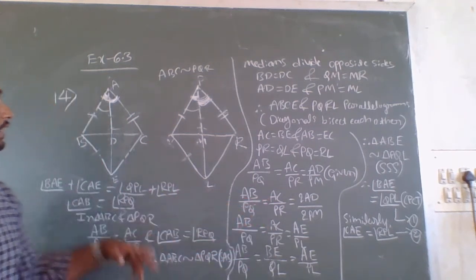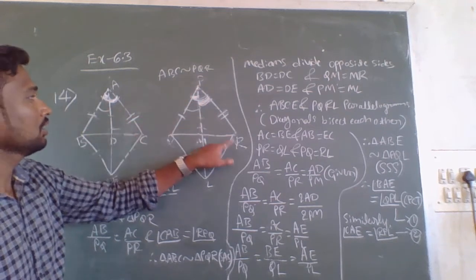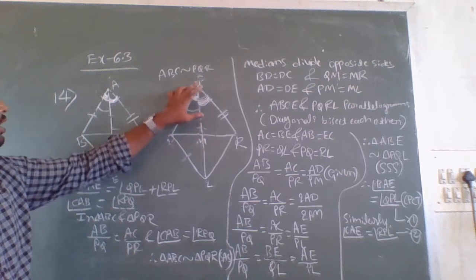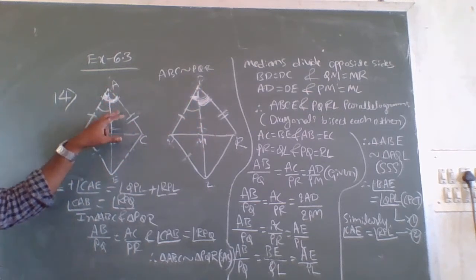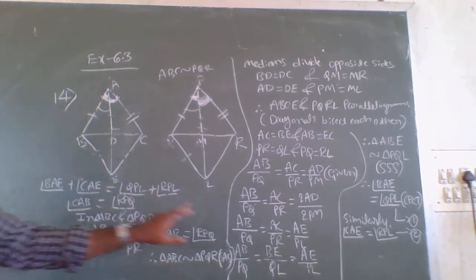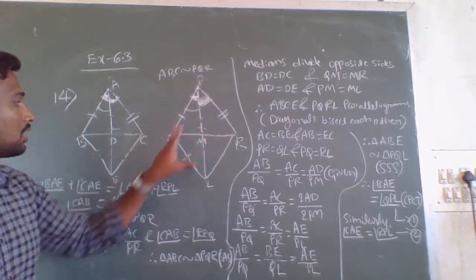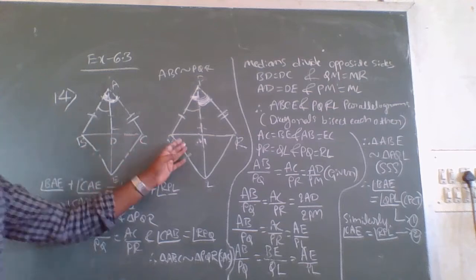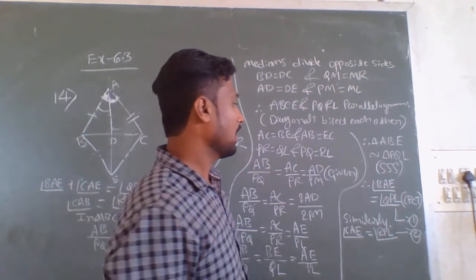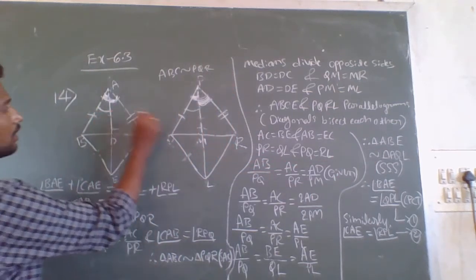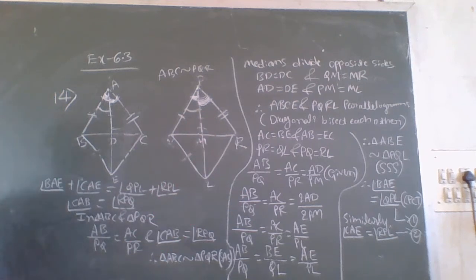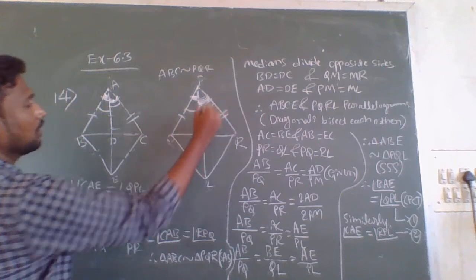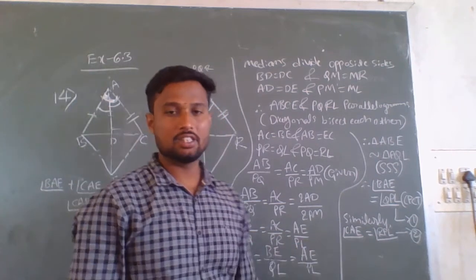In the place of AC and PR, these two are not sides of these two triangles, therefore write the opposite sides which are equal: AC equal to BE, write BE, and PR is equal to QL, write QL. Therefore, you will get these two triangles are similar, and you can write these two angles are equal by CPCT. Like that only, you can write these two angles are equal by CPCT.